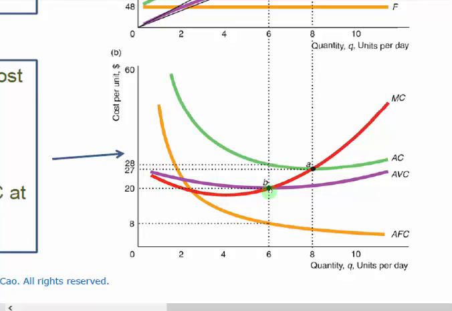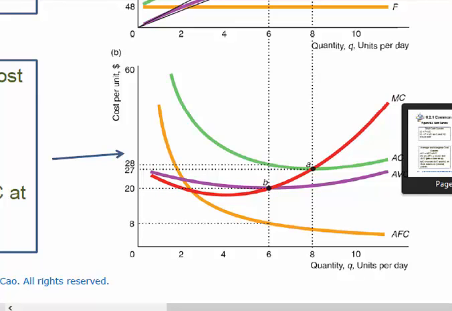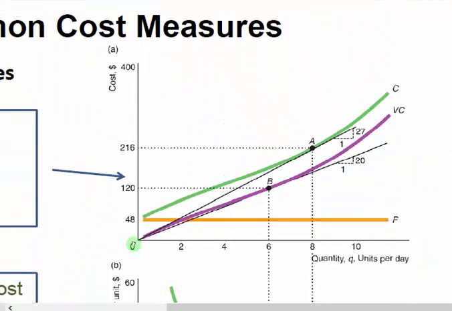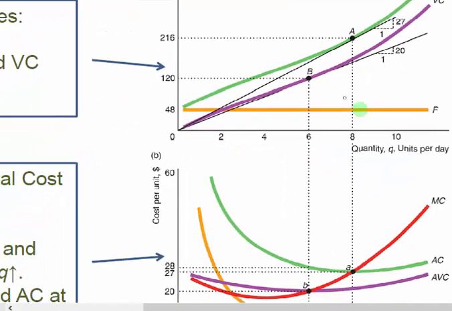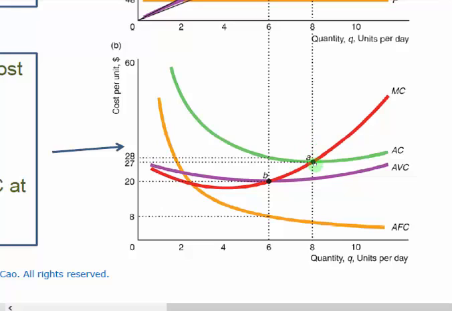The marginal cost, remember we have this 0A and 0B. You can view both 0A as a tangent and a radiant. So point A, lowercase a, and point B, lowercase b, these two points are where the marginal cost curve crosses the average cost curves.